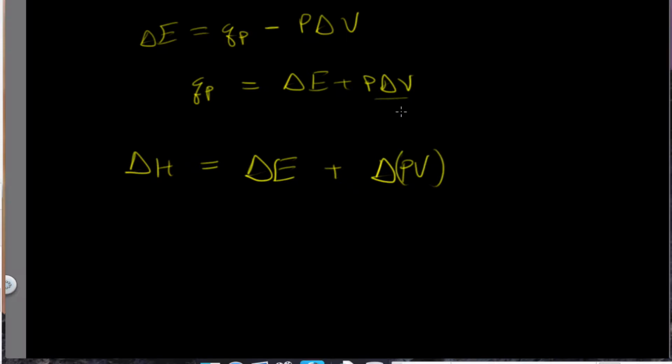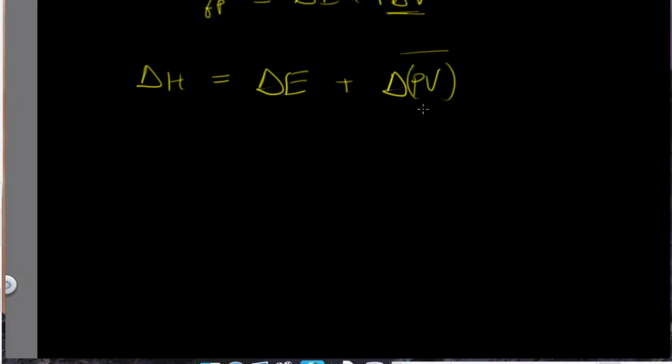Notice the distinction between this and this, okay? This is the change of both pressure and volume versus this is P delta V, meaning constant pressure times a change in volume, okay? So since P is constant, that means that the change in PV is only due to a change in volume, meaning delta PV is equal to P delta V.